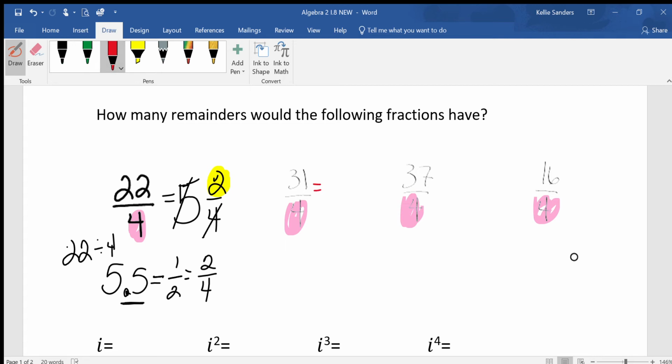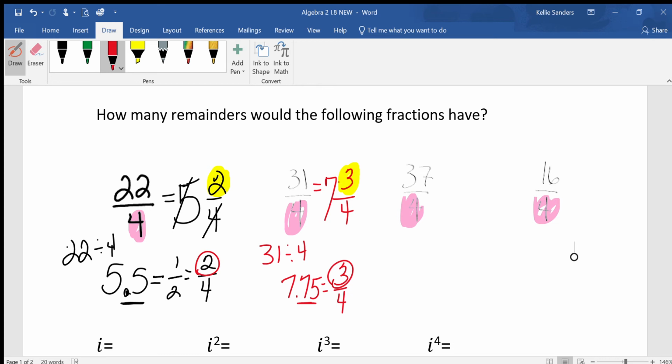31 over 4. 4 goes into 31 7 times. I don't really care about the 7. All I want to know is how many remainders I'd have, and the answer would be 3. Also, if you put 31 divided by 4 in the calculator, you get 7.75. Well, 0.75 is 3/4, and again, all I really care about is how many out of 4.